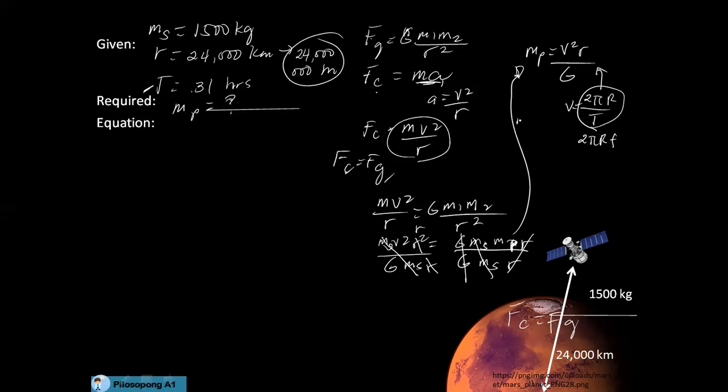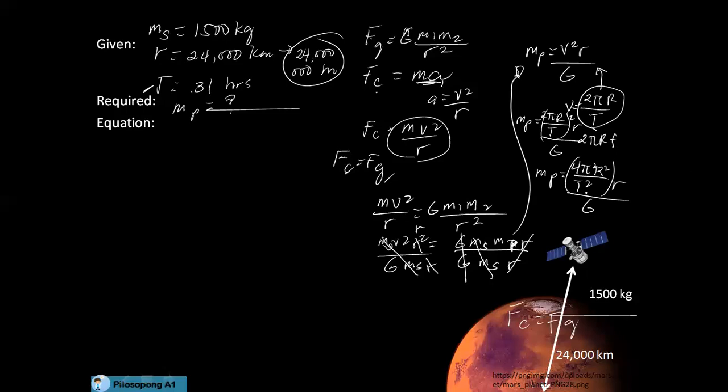We'll have m sub p is equal to 2 pi r over T, squared, times r all over G. So let's evaluate first this one. That's v squared. So we have m sub p is equal to 4 pi squared r squared over T squared multiplied by r all over G.